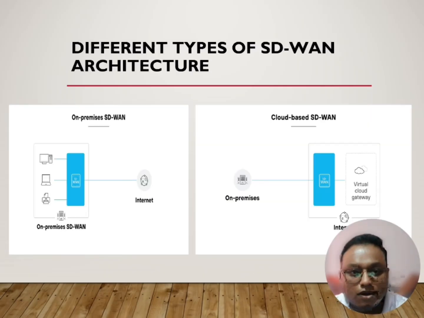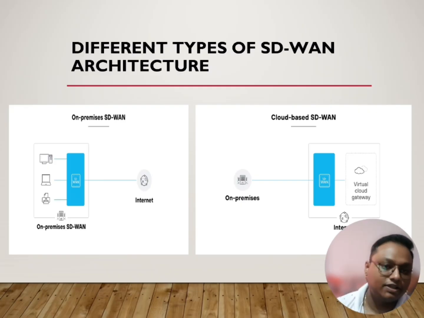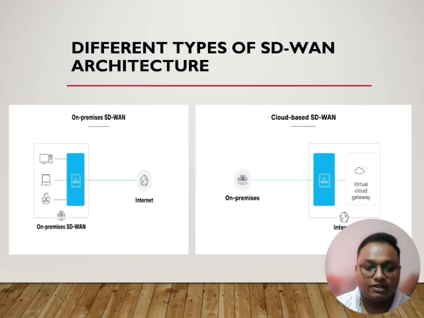Okay. Now on this slide we will see the different types of SD-WAN architecture. SD-WAN architecture can be deployed in different ways depending upon key functions and the necessary parameters. The first one is on-premises, the second one is cloud enabled, and the third one is cloud enabled with a backbone.